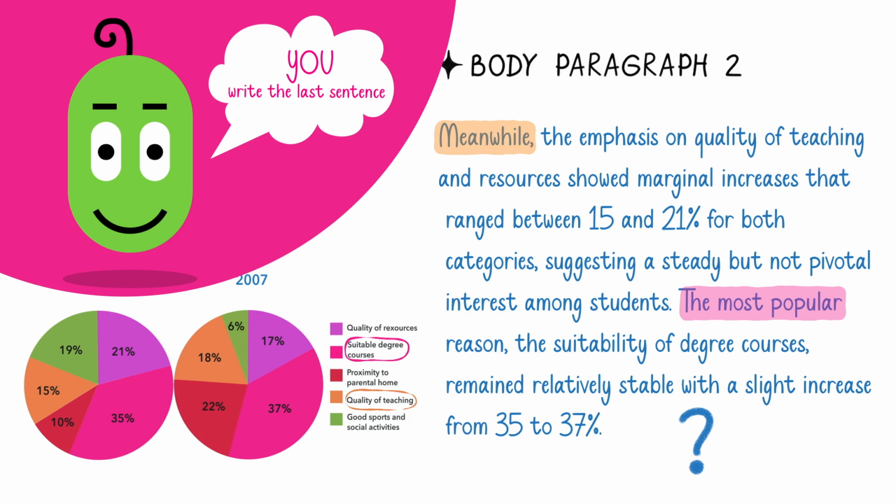So if you can write, please write in the comments, and I will try to correct your mistakes in the comments section, right? So now it's your turn to write the last sentence of this paragraph about quality of resources. And as you can see, there was a marginal decline from 21 persons to 17 persons in 2007. So write it in the comment section, and I will try to analyze and I'll try to correct all your mistakes.